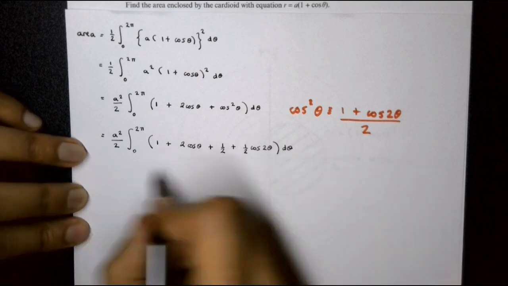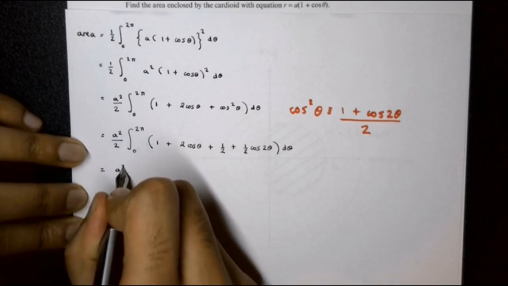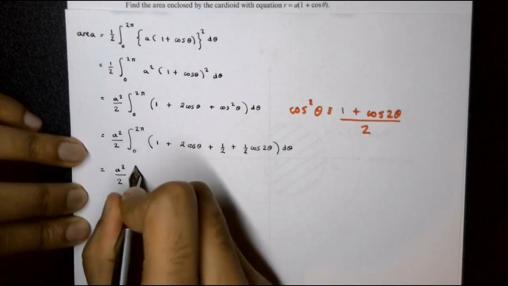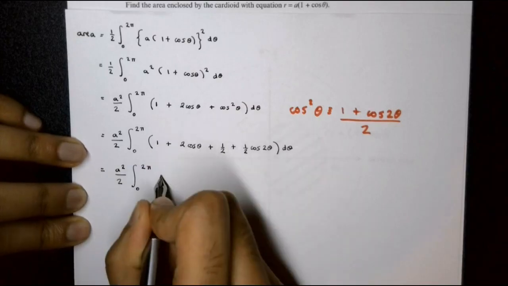So if we simplify all this, you can see here we've got a squared over 2 lots of the integral from 0 to 2 pi, 1 plus 1/2, that's 3 over 2.